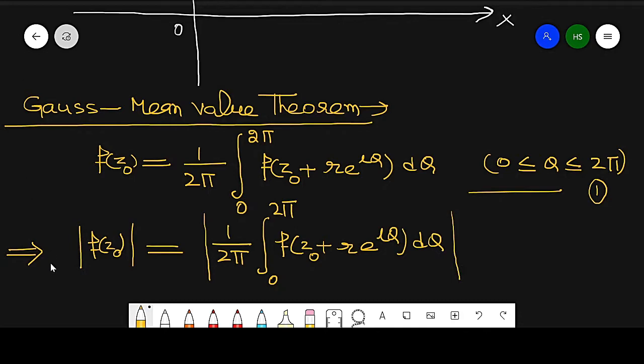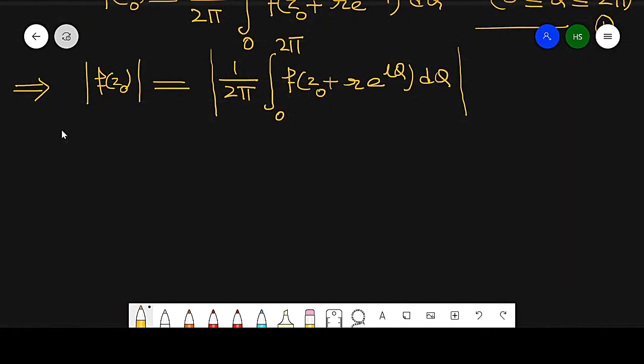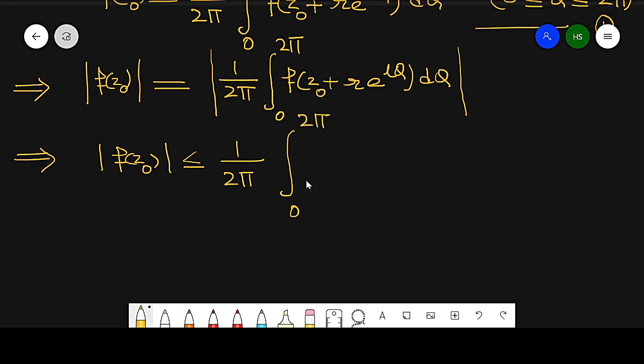Taking the modulus inside, this is less than or equal to 1 by 2 pi integral from 0 to 2 pi of modulus of f(z naught plus r e raised to power i theta) d theta.